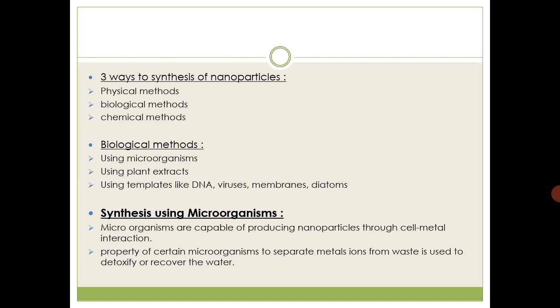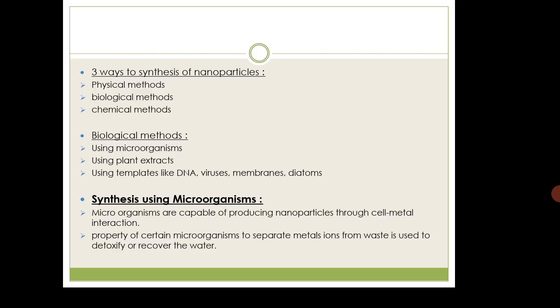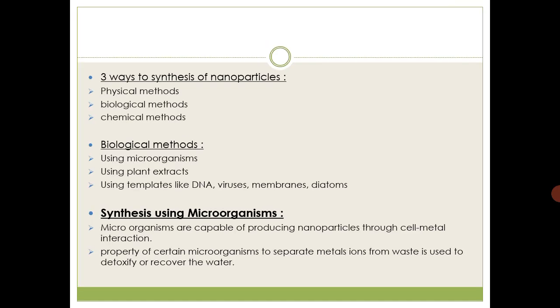Such as DNAs, viruses, membranes, diatoms. We use these templates in many experiments, in many genetic experiments, so we can also use these templates to synthesize our nanoparticles. In these biological methods, we will focus on synthesis using microorganisms.